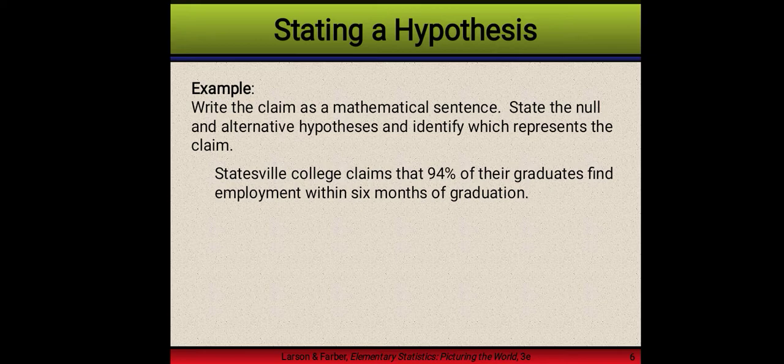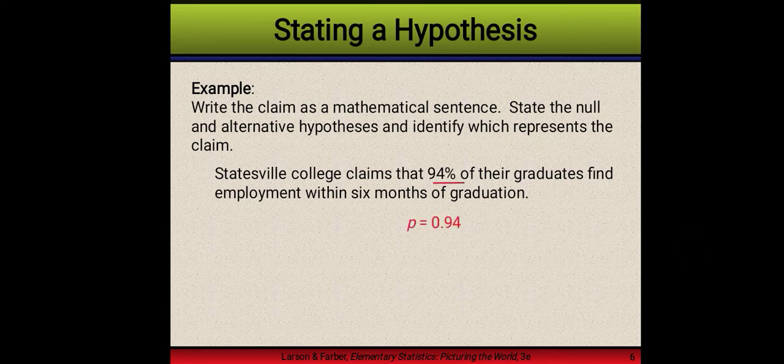Example, write the claim as a mathematical sentence, state the null and the alternative hypothesis, and identify which represents the claim. Example, Statesville College claims that 94% of their graduates find employment within 6 months of graduation.